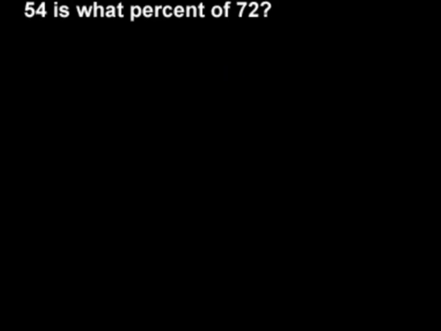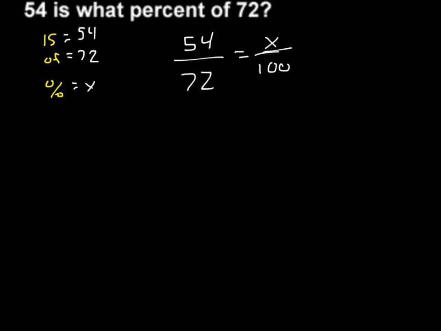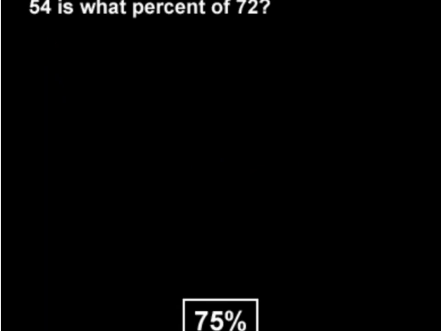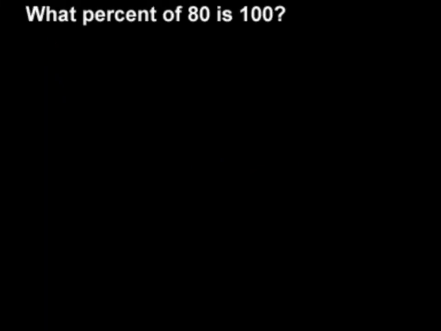So I'm going to let you guys try this one. So I'm going to pause here, and you guys should be able to solve this. So there's how you'd set it up, and so there's your answer. Alright, I'm going to have you guys try this again.